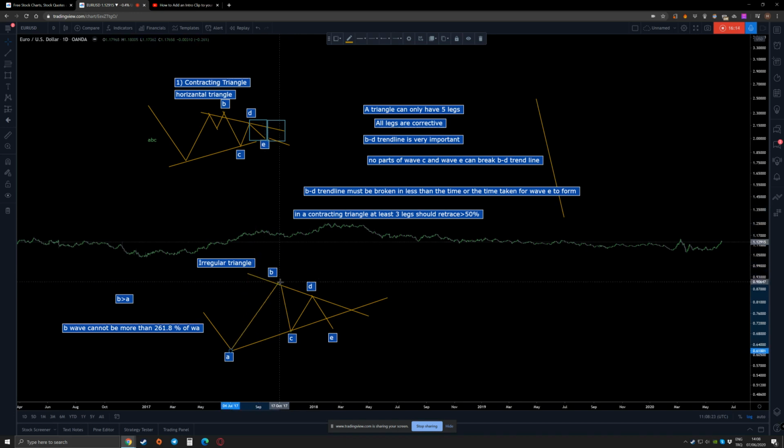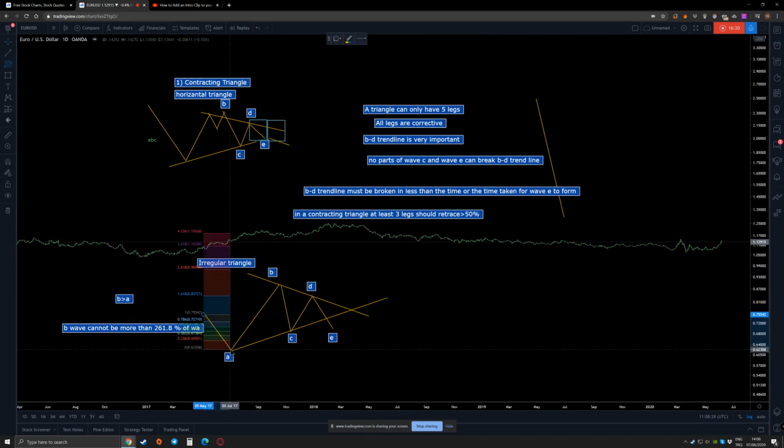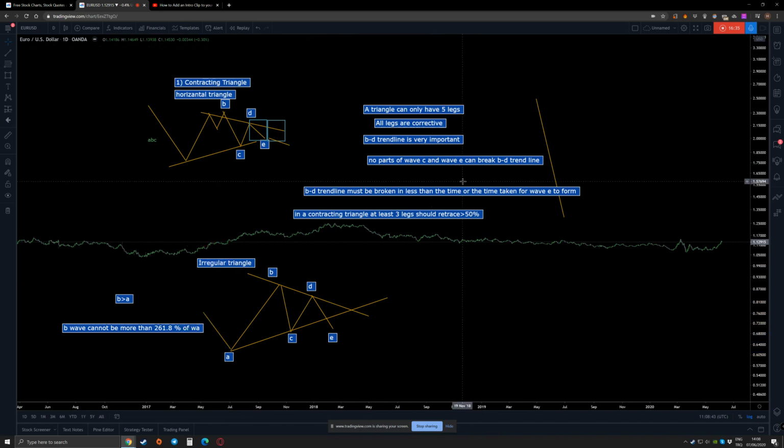Because it will not be a triangle like this. So what you need to do is simple. You take this, and you take this, and you will check it here. If this B wave is larger than this, it means that whatever you're thinking is wrong. So this is another very important rule.